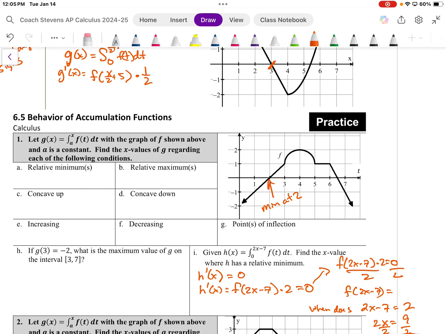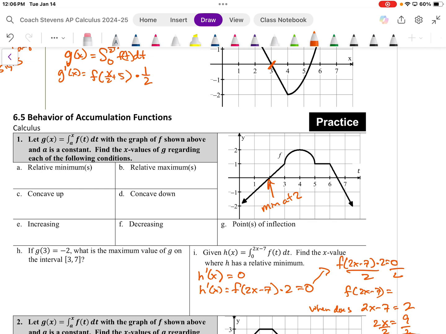To 4. Okay. To 4, because it is technically still increasing, so the derivative would be still positive. So it'd be concave up.